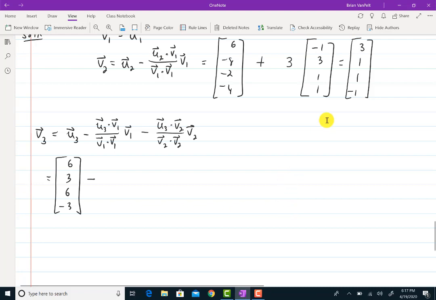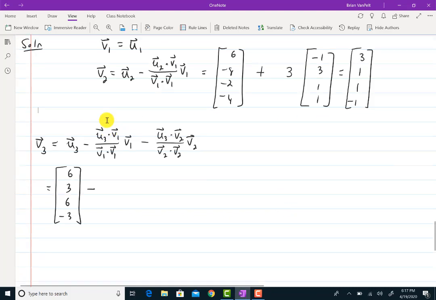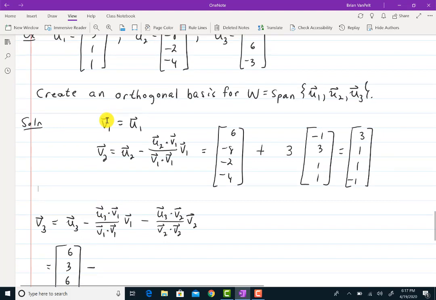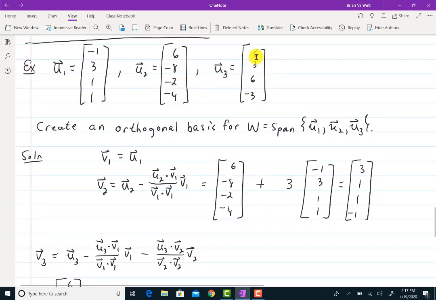Minus, now I have to do U3 dot V1, and V1 was U1. So let me do that first. U3 dot U1: 6 times negative 1 is negative 6, plus 3 times 3, so negative 6 plus 9. I'm at 3 so far. 3 plus 6 gives me 9.